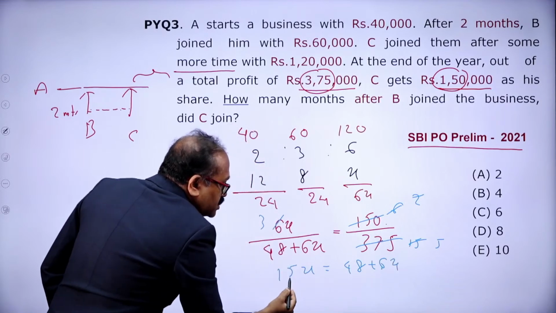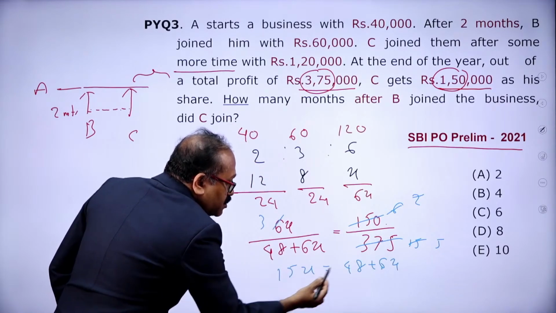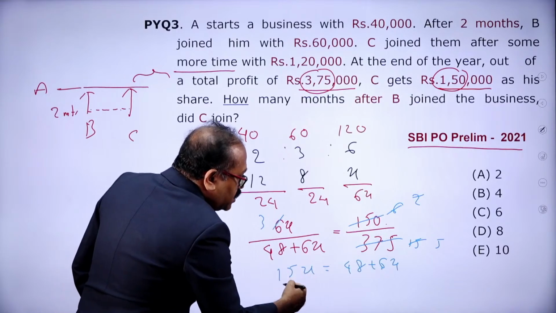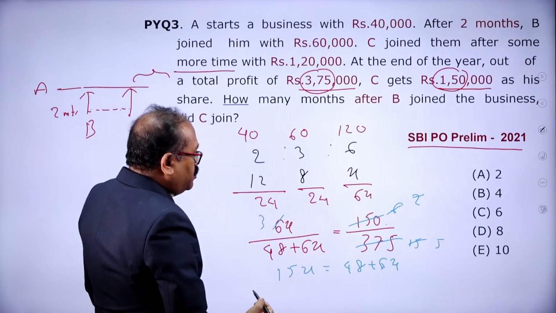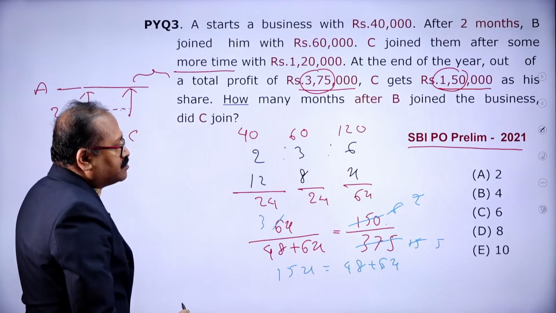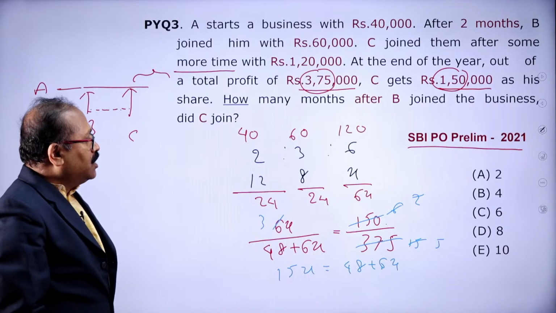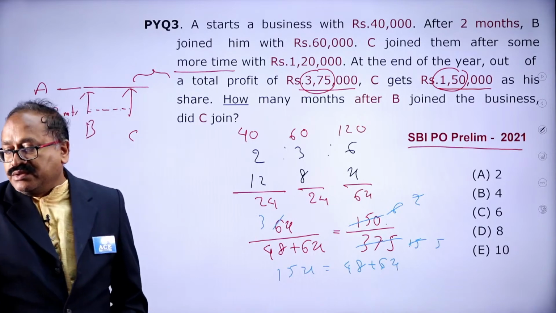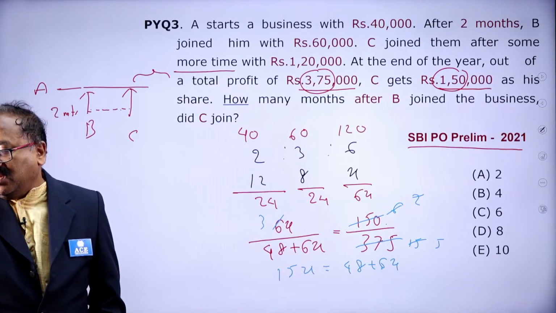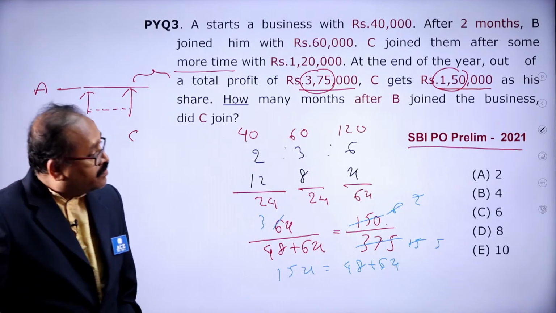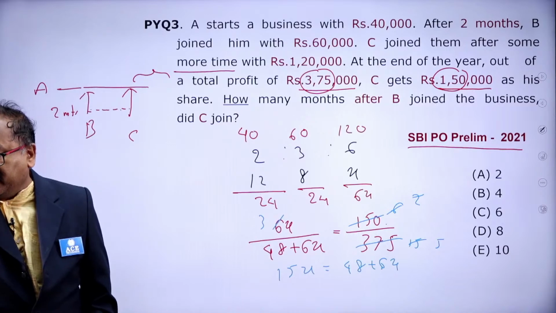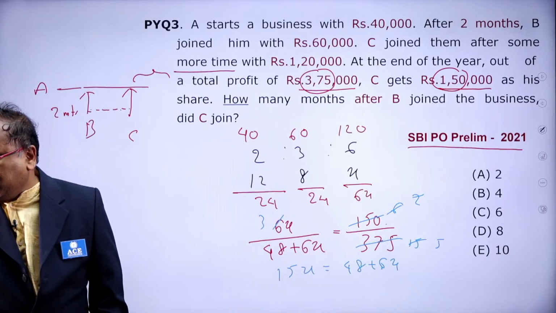So bring the 6x over here, then you will get 9x. 9x is equal to 48. Did I make any mistake over here? Can anyone see the calculation, please? How many months? Check my calculation.